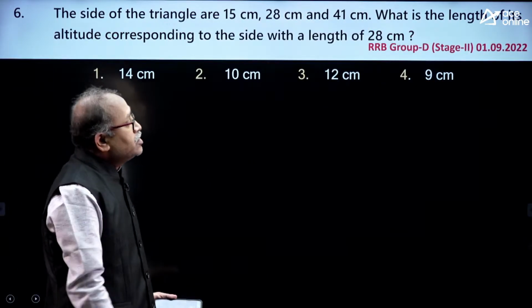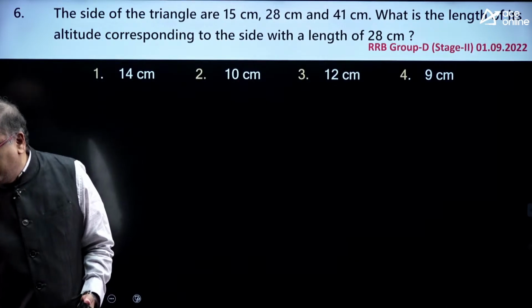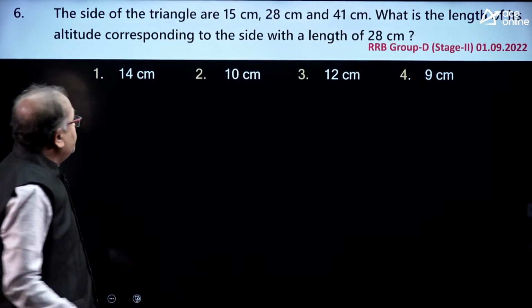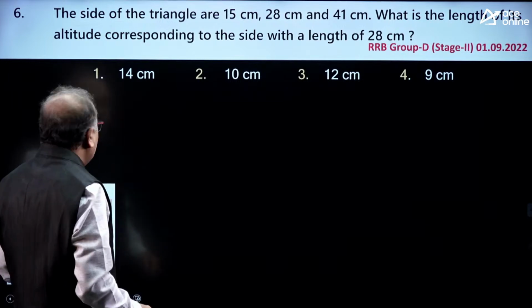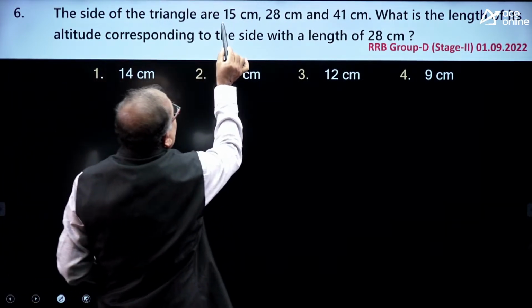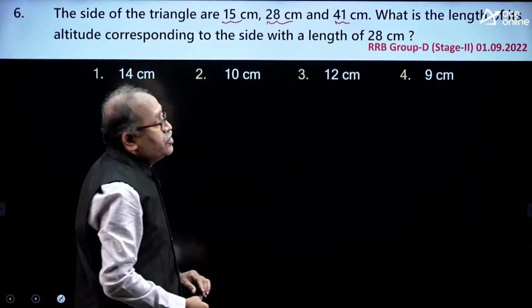Your next question on the board is this, and let me see if you can answer the question at the same pace. Okay, let me read the question over here, and this question seems to be very direct. The sides of the triangle are 15, 28 and 41. We know how to find out the area.